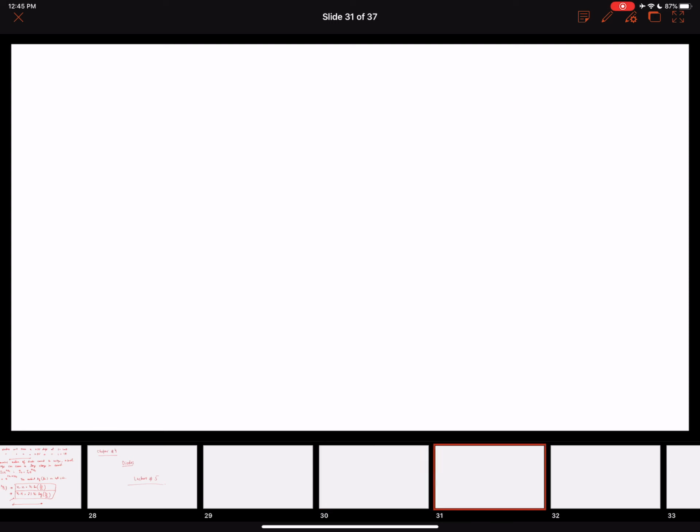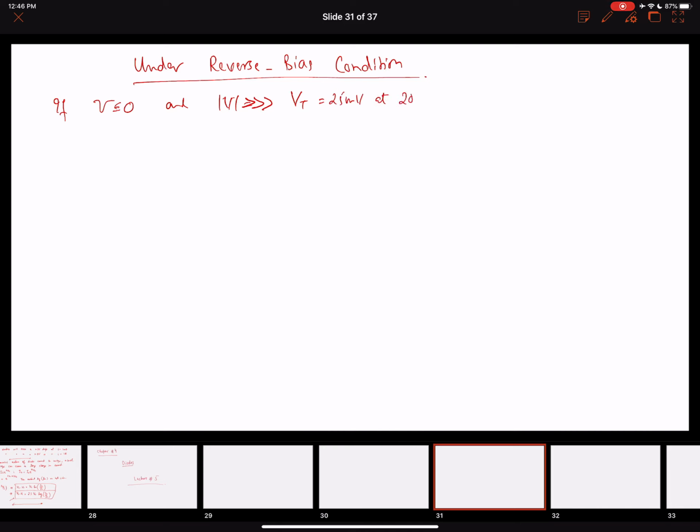Okay, so under reverse bias condition, if the potential drop across the diode is less than 0 volts, and let's make another assumption: if this applied voltage is sufficiently larger than the thermal voltage, which is 25 millivolts at 20 degrees Celsius, let's find the diode current.